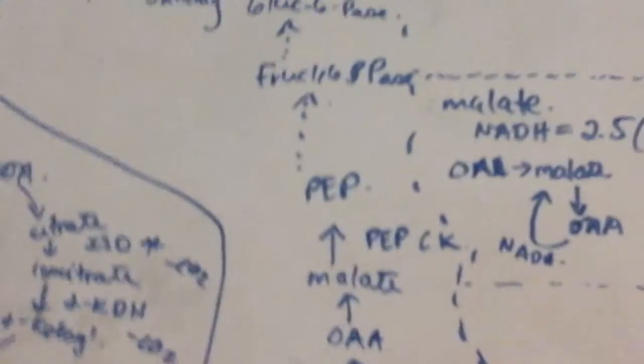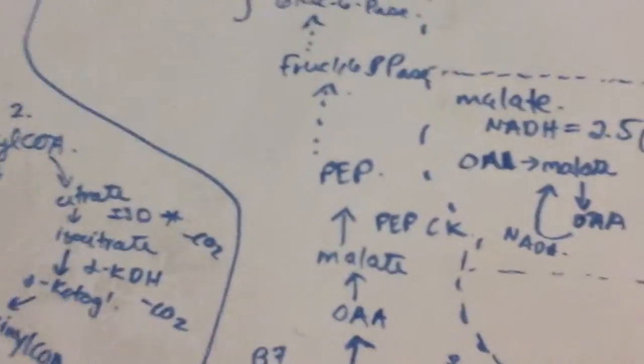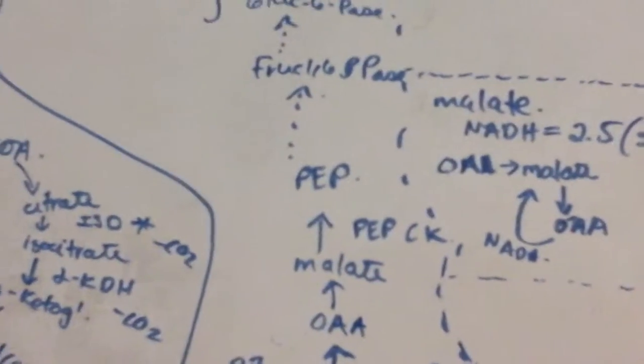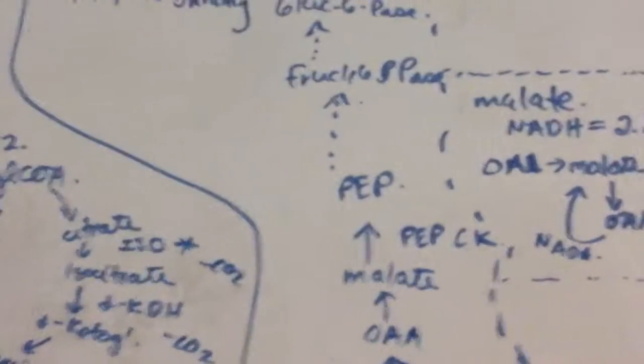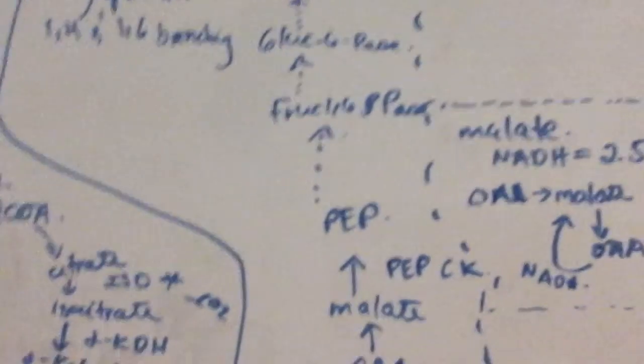And then from malate, which can easily go out of the mitochondrial membrane, okay, and then we use a phosphoenolpyruvate carboxykinase. Carboxykinase is going to add a phosphate, and it's going to remove a carbon dioxide, okay? And then we get phosphoenolpyruvate, okay?